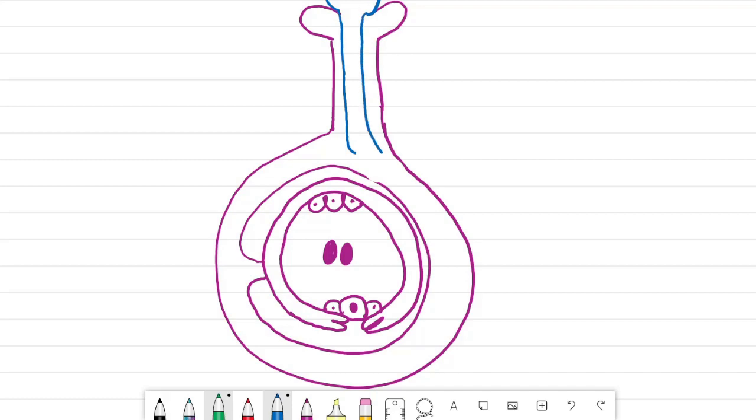Okay, the pollen tube would have grown down the style and around the ovary wall like this. And let it reach the micropyle like so. If you want to color in your diagram, feel free to do so.